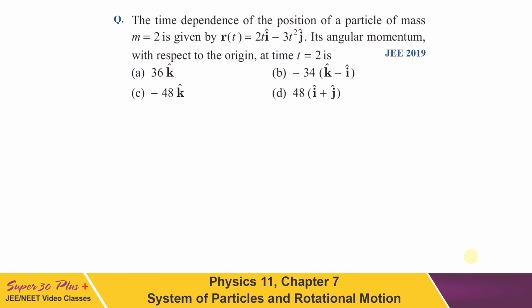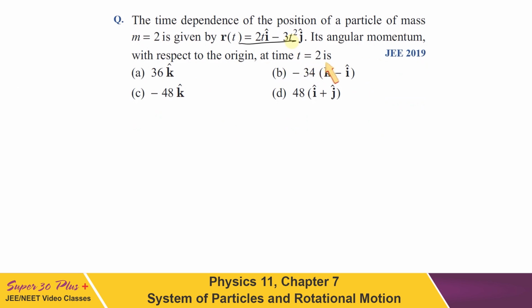The next question is, the time dependence of the position of a particle of mass m equal to 2 is given by r is equal to 2t i minus 3t square j. Its angular momentum with respect to the origin at time t is equal to 2 is.